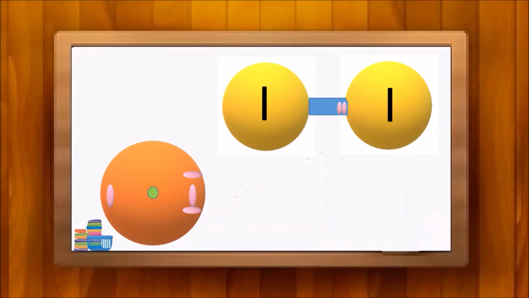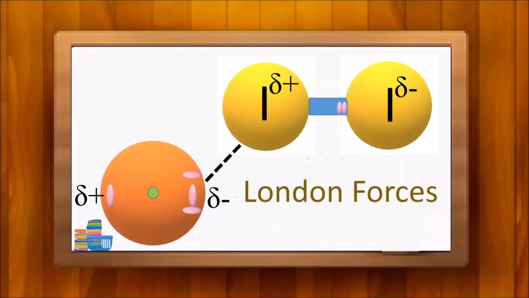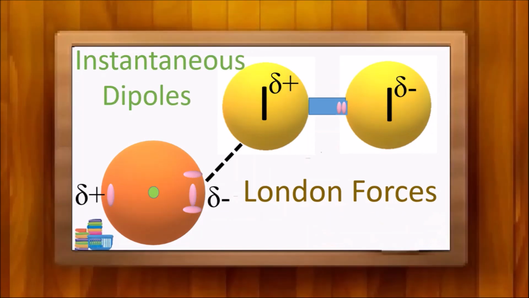This happens time to time very rapidly, and so almost always instant dipoles are created. The opposite charges of these dipoles get attracted, and these bonds are called London forces. These dipoles are called instantaneous dipoles, because they are induced without the help of any other substance.